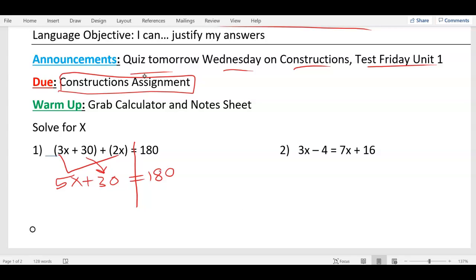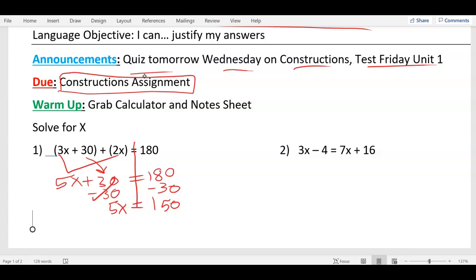We've already talked about this, but when you have a two-step problem, you get rid of the loner and then you divide. So the loner on the side with x is 30. How do I get rid of a plus 30? The opposite, minus 30, minus 30. Okay, so cross out the opposites, bring down 5x equals, and 180 minus 30 is 150.